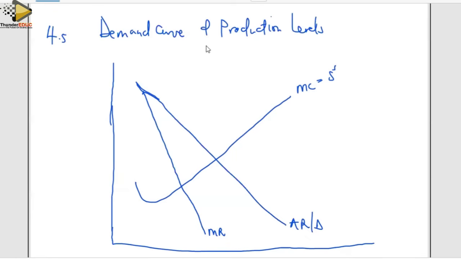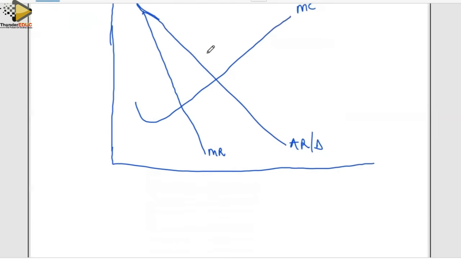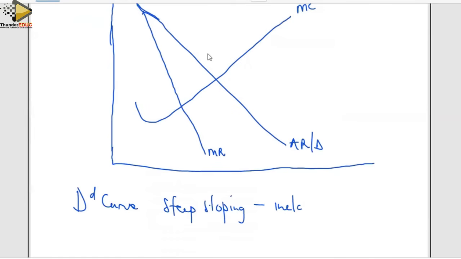Right. So what is happening here with a monopoly? We want to analyze the demand curve. The demand curve is steep sloping for a monopoly. In terms of elasticity, it has inelastic demand.